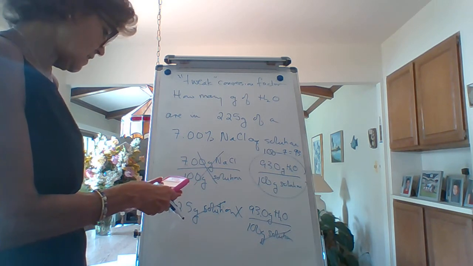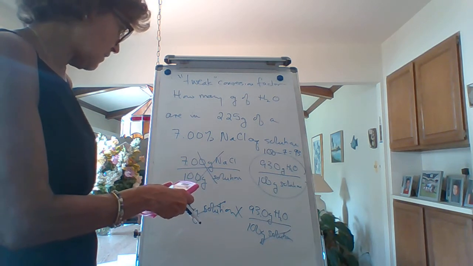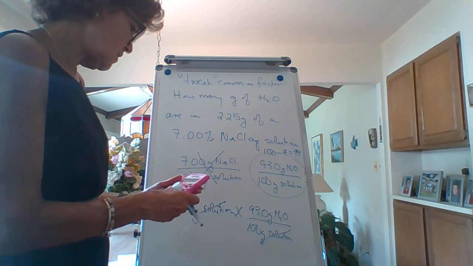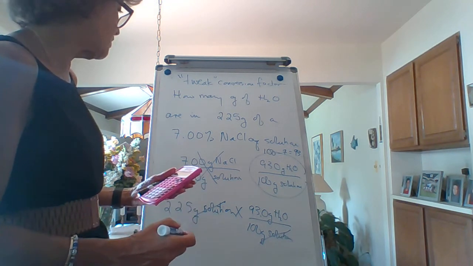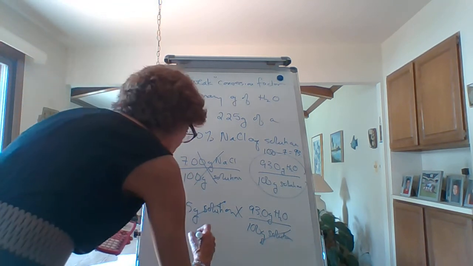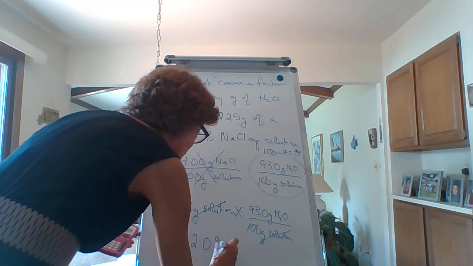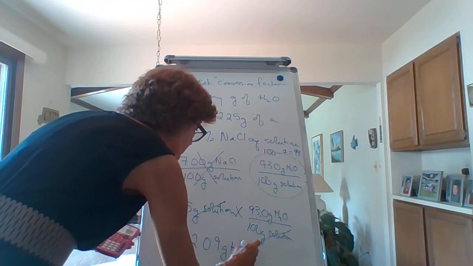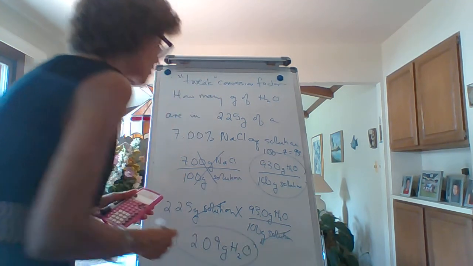225 times 93 divided by 100, and we've got 209.25. I'm going to just round it to 3 sig figs. So that's 209 grams of water.